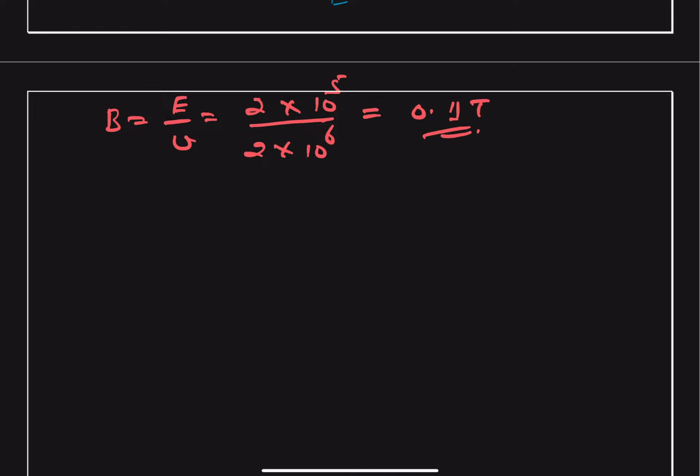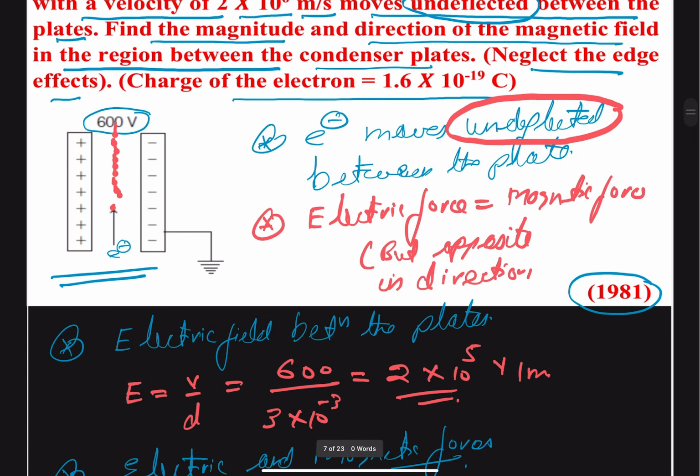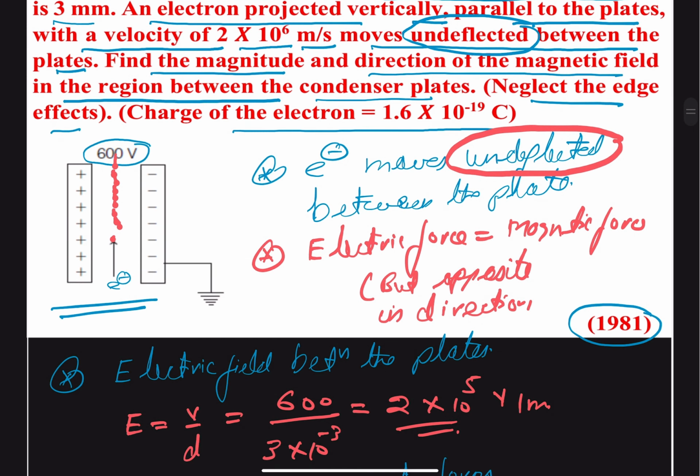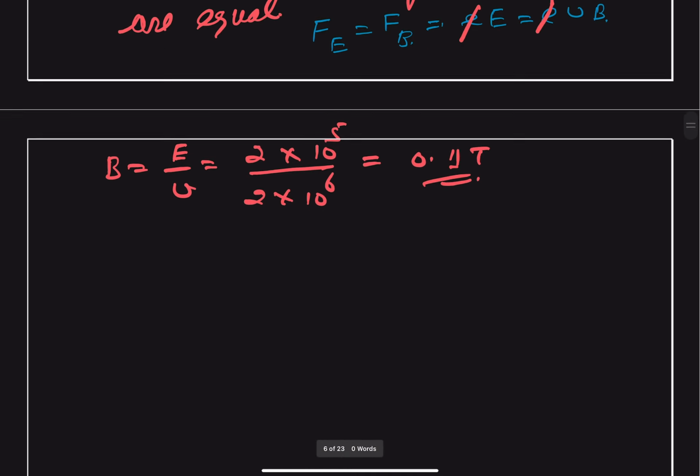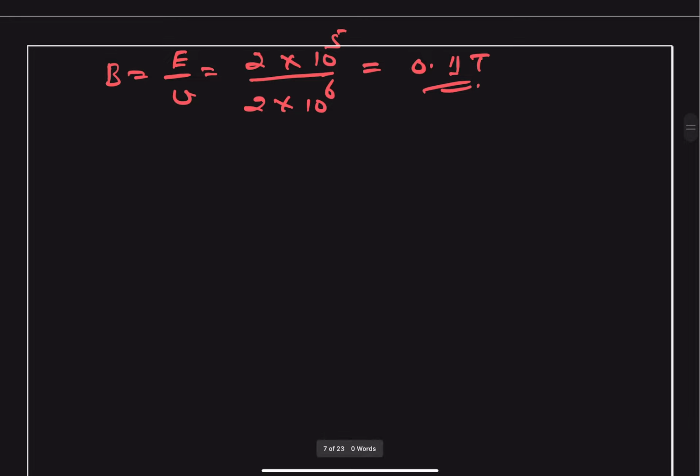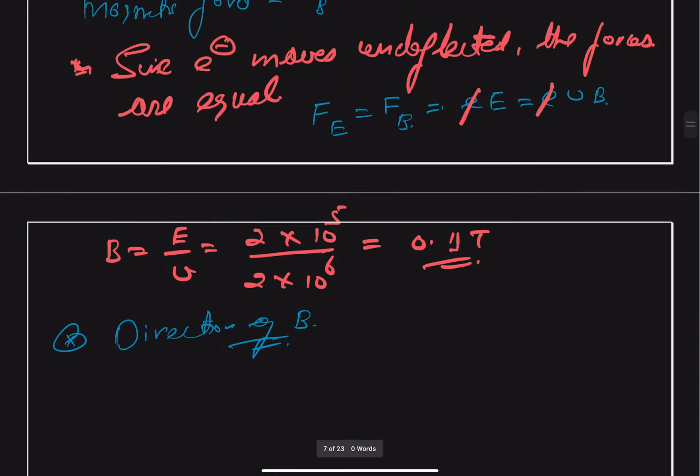And yeah, we found the magnitude, but we are also supposed to find out the direction of the magnetic field. Now the electric field will be from positive to negative direction.